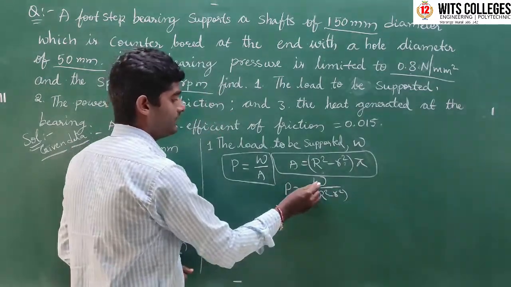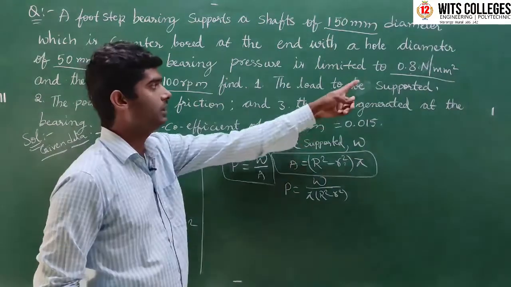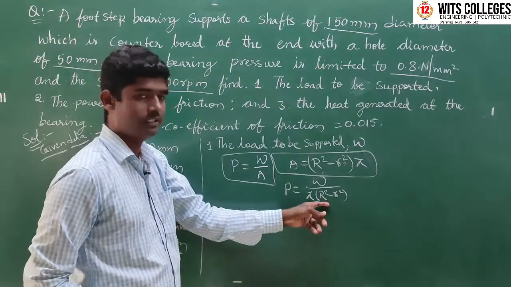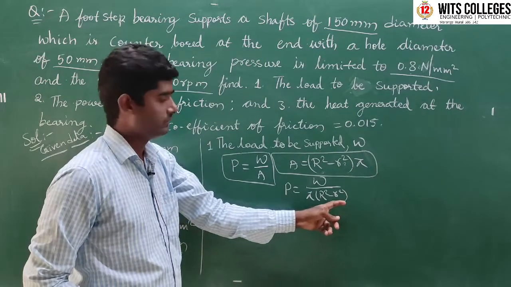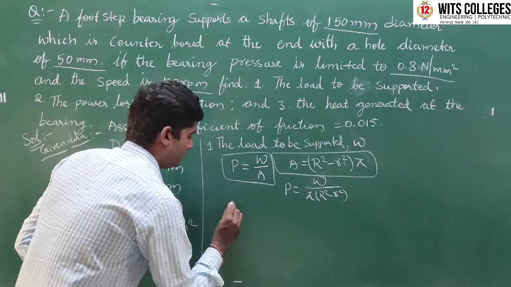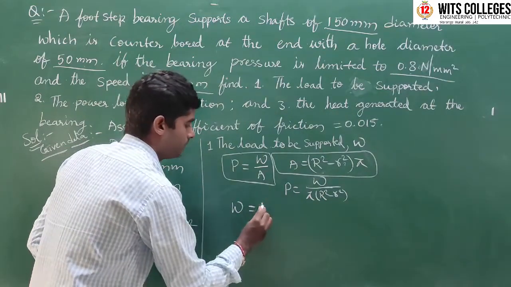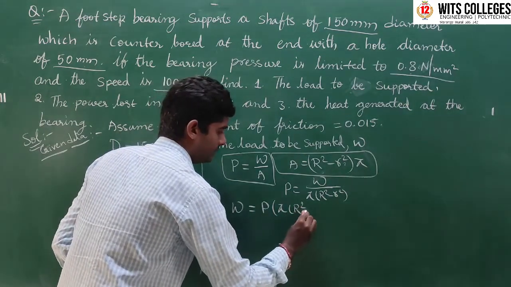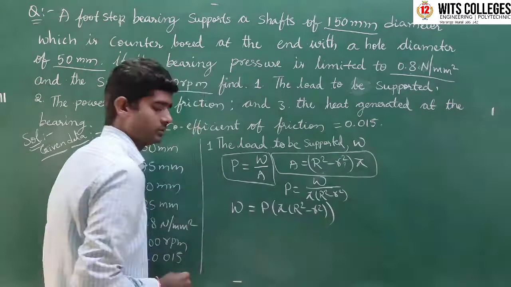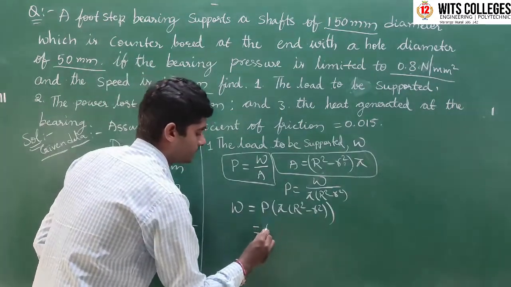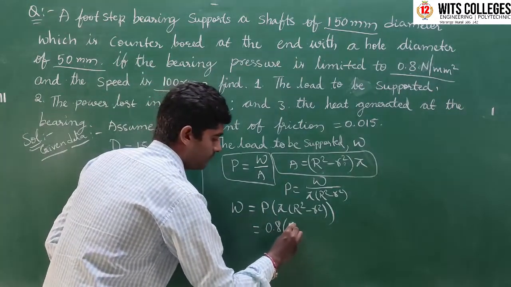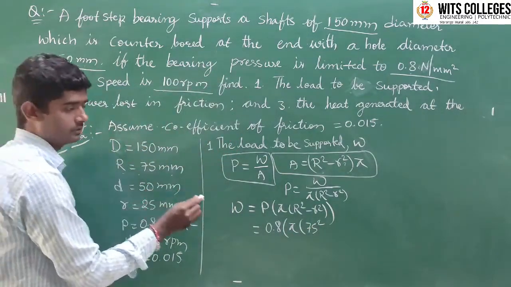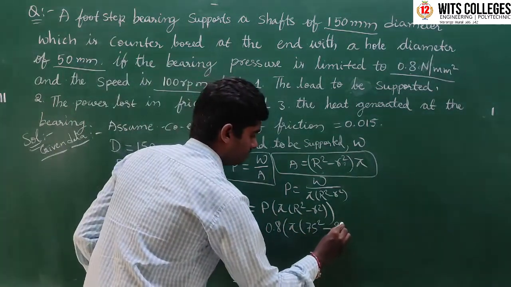Using this, find out W. We know p is equal to 0.8 Newton per mm square, and R and r are 75 mm and 25 mm. W is equal to p into pi into capital R square minus small r square. So W equals 0.8 into pi into 75 square minus 25 square.